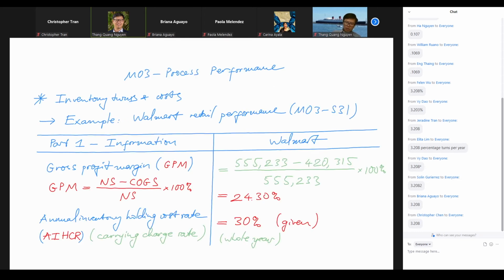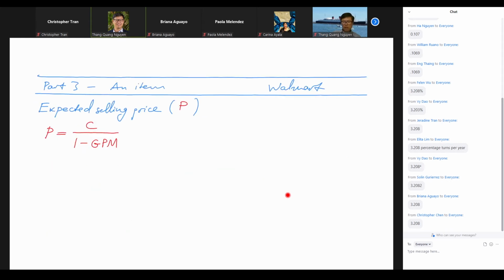So if we go to the first slide of today, you see that we actually calculated that gross profit margin, 24.3%, right? On average, out of a $100 sale, Walmart can make $24.30 as their gross profit, right? So based on this, we can kind of estimate the selling price if they actually carry the item.